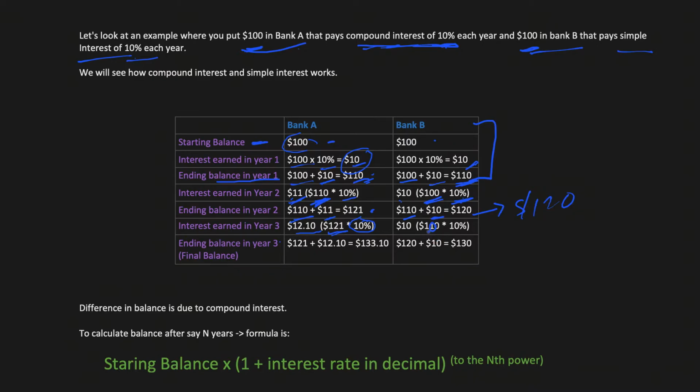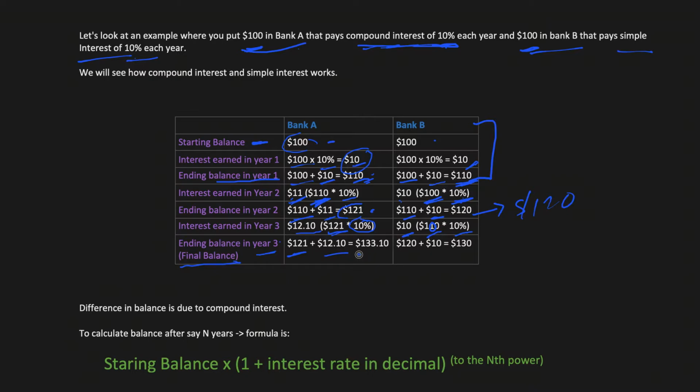Whereas for bank B, we will use, it's still $100. Sorry, that was a typo. So it's still $100 times 10%, which is $10. So if we want to calculate our end balance in year three, which is also called the final balance, because we are only solving this problem for up to three years, the ending balance in year three would be $121, which is the amount that we have at the end of year two, plus the interest that we earned in year three, which is $12.10.